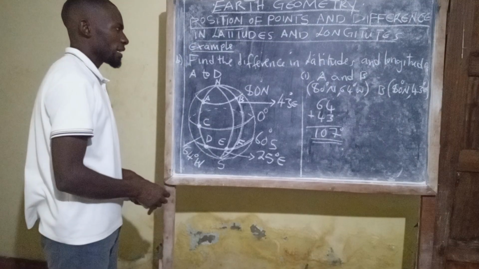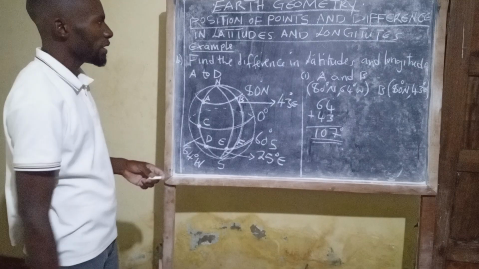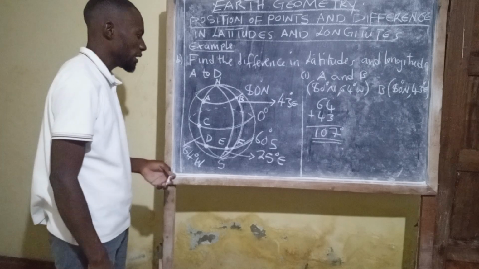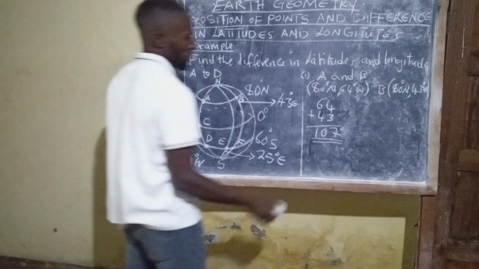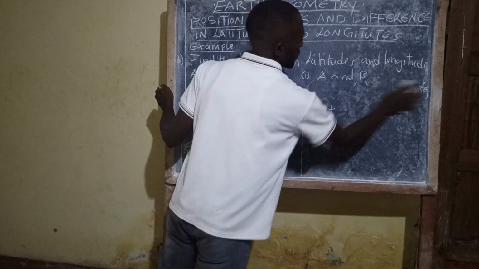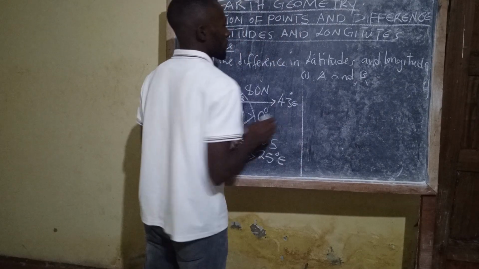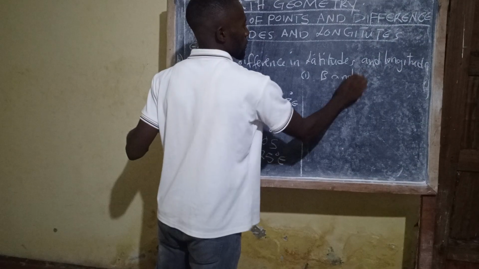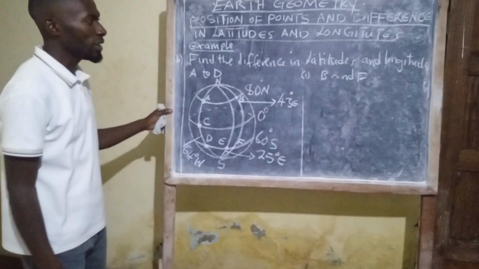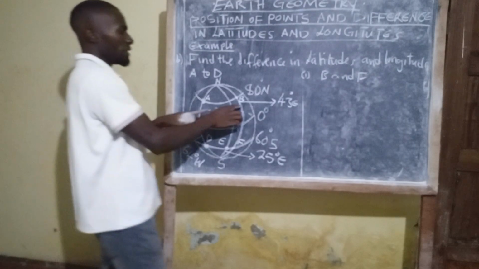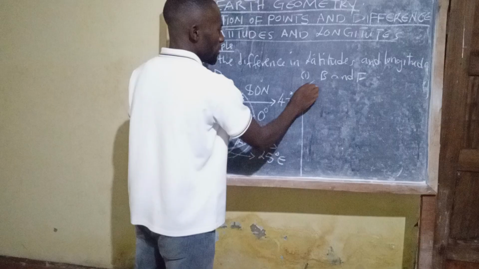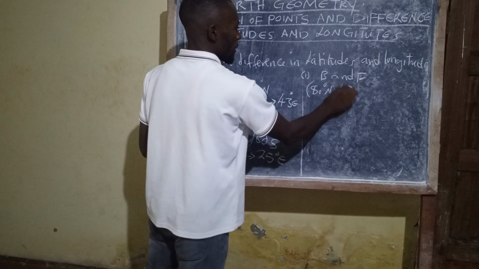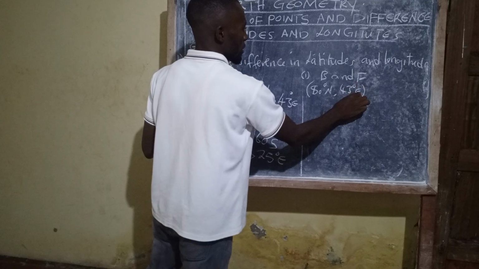Let's look at another example where they say find the difference in latitudes between point B and point F. So look at B. B is lying on 80 degrees north, 43 degrees east.